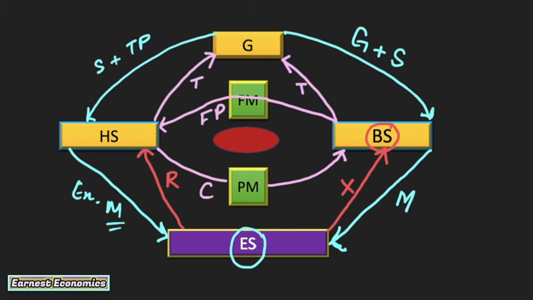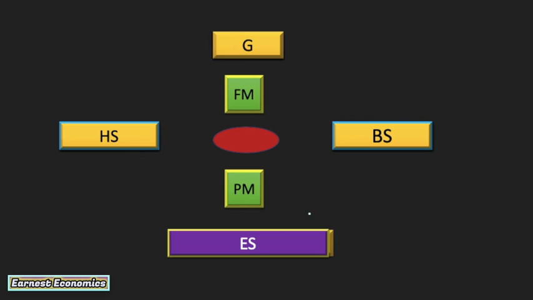Now let's summarize its impact on the circular flow of income in this chart. We have seen that money will come from the external sector when the business sector makes exports. So it will be an inflow when we are exporting, and an inflow will increase the circular flow of income for an economy.